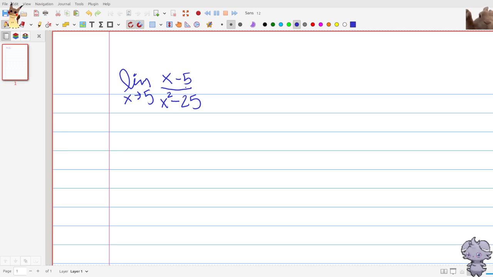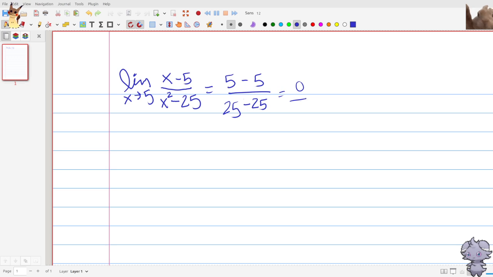This is a rational function, a polynomial over a polynomial, and for polynomials we just plug in the numbers. So if we plug in the number, x squared minus 25 will be 25 minus 25.